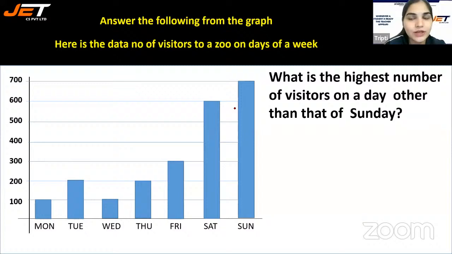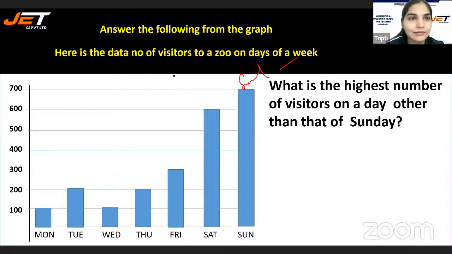Okay. Next one. What is the highest number of visitors on a day other than Sunday? We know that on Sunday it's the highest. Other than Sunday, you have to tell.